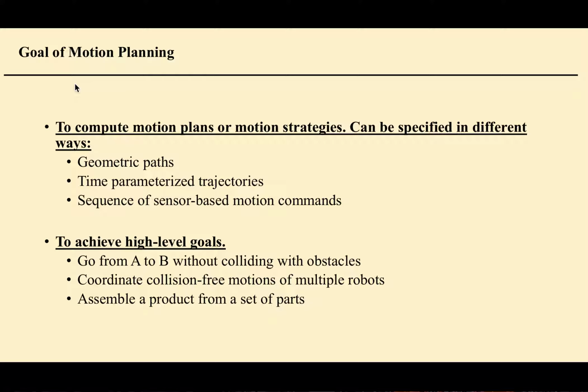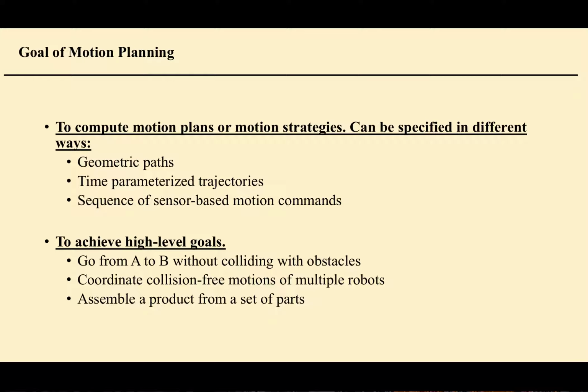So let's start by giving a definition of what the goal of motion planning is. One of the goals of motion planning is to compute motion plans or motion strategies, and this could be done in different ways.